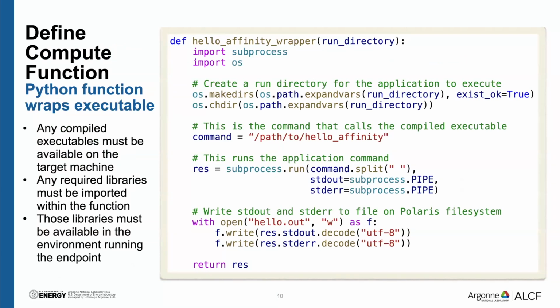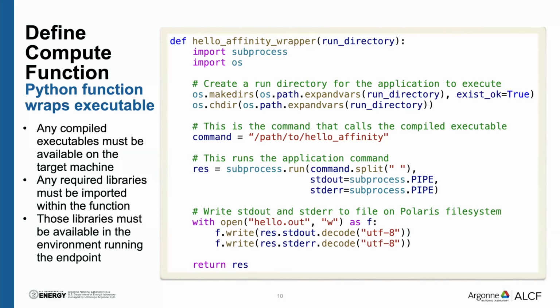Now, if you are executing native Python code, that's actually much simpler in a sense. You can send that function of native Python code directly through the service, although you do have to make sure that the environment running the endpoint has access to all the libraries that you need to execute that function.